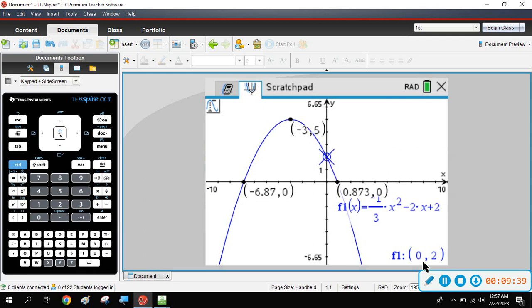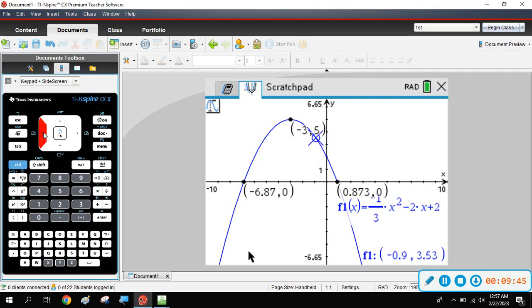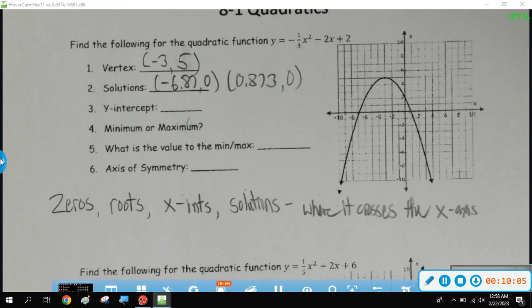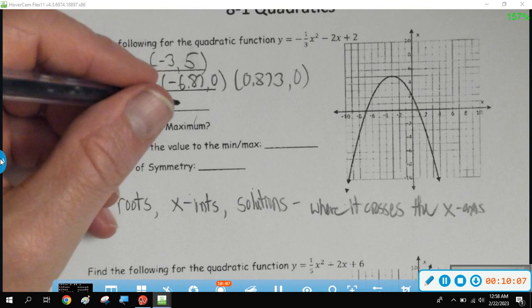I can tell by looking at this point, if it's 0, something, it's on the y-intercept. If you're not sure, arrow off of it a little bit, and then arrow back to the y-intercept. It'll tell you when you get to the y-intercept. It'll say y-intercept right there. So if I arrow off of it and then arrow back onto it, I'm at the y-intercept, and then the value of the y-intercept is down at the bottom. It's 0, 2, and so that's what we will write in, 0, 2.